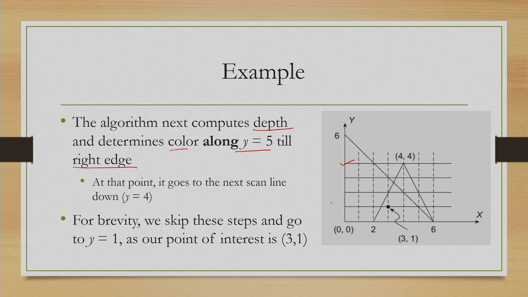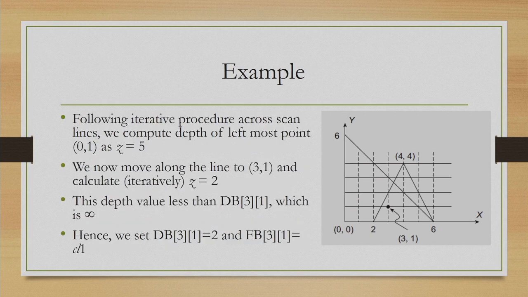Now, we can skip all these steps and go directly to y equal to 1, this line on which the point of interest lies. Following the iterative procedure that we outlined earlier across scan lines, we compute first the depth of the leftmost point here as z equal to 5.